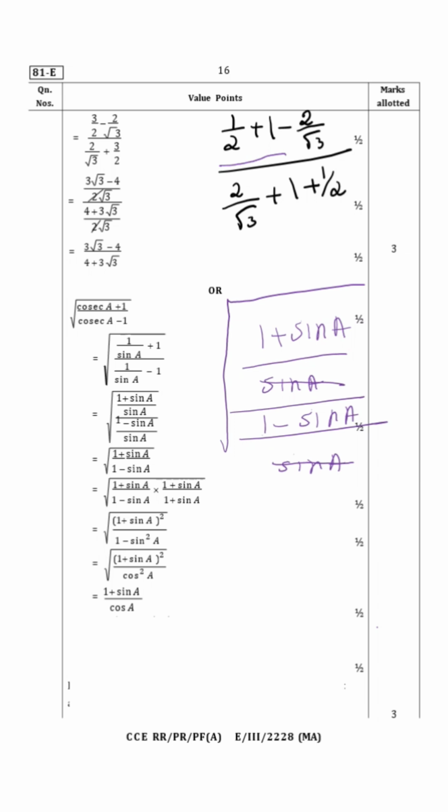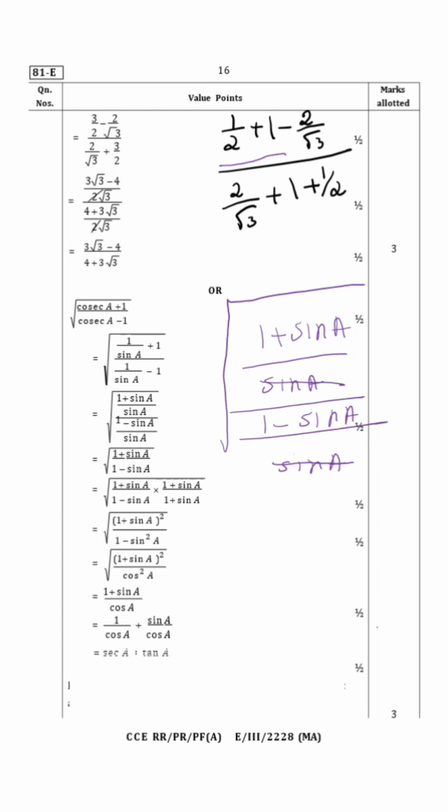Now separate: 1 by cos A plus sin A by cos A. Here observe that 1 by cos A is equal to secant A. Sin A by cos A is equal to what?